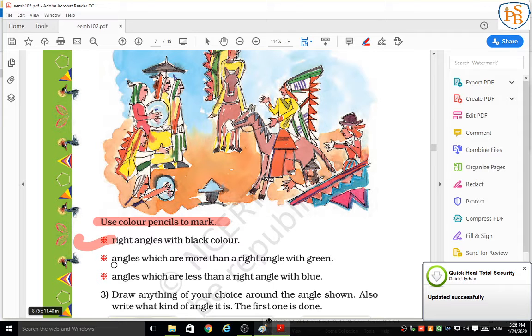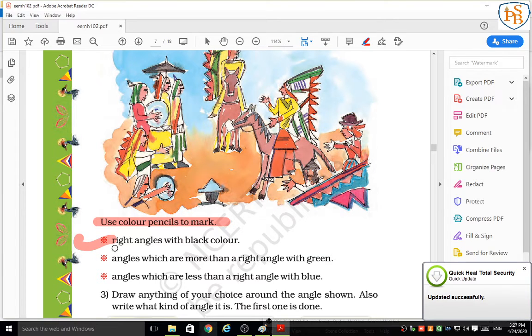Next, mark the angles which are more than a right angle with green color, and the angles which are less than a right angle with blue color. Students, you have to do this task at home. I will show some angles with the color pencil, and like that you also search for all the angles. I will show you a few. All the remaining angles you have to search and mark with your pencil in the book, correct.